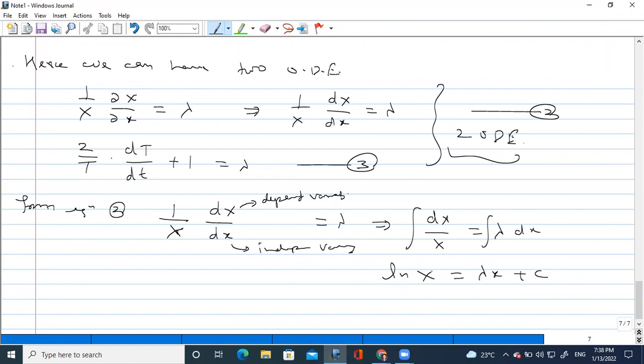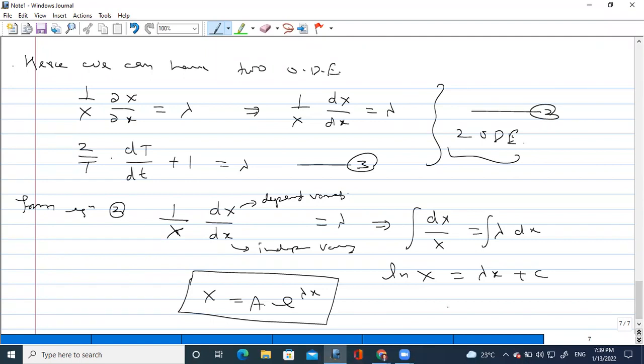So here my motto is to find out this capital X. So taking antilog on both sides, capital X will be e to the power lambda x. Okay, but with that I have to keep that constant, so that constant can change the form. Suppose it has become now a, so this is my value of X. Understood?